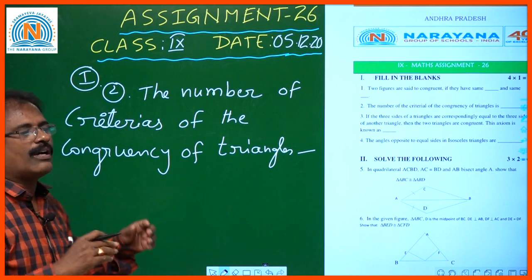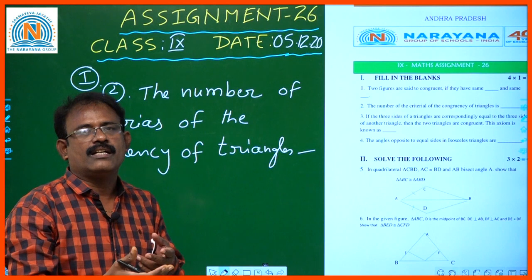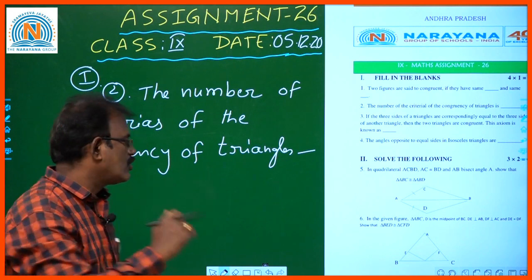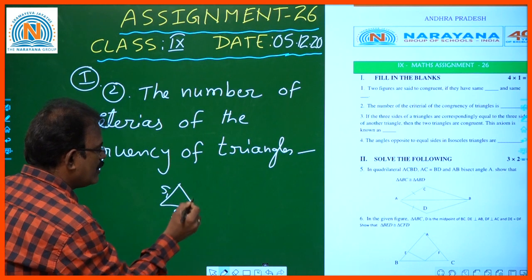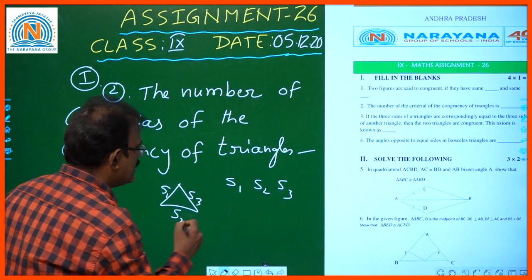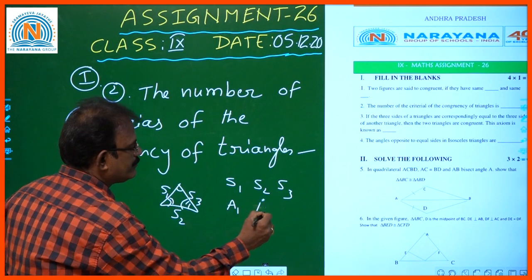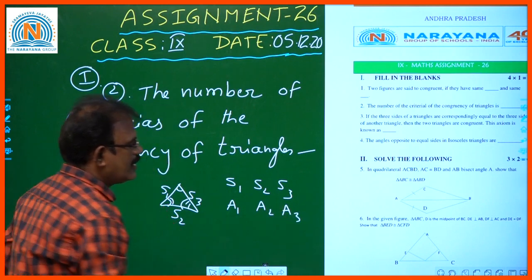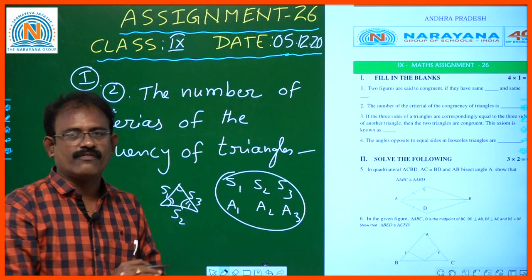Children, when you compare two triangles or two figures, whether they are congruent or not, if you see the components of triangles, here we have three sides, S1, S2, S3. Similarly, three angles.